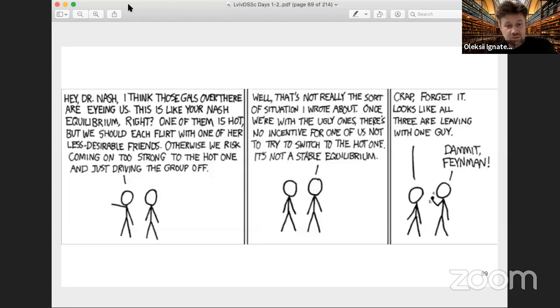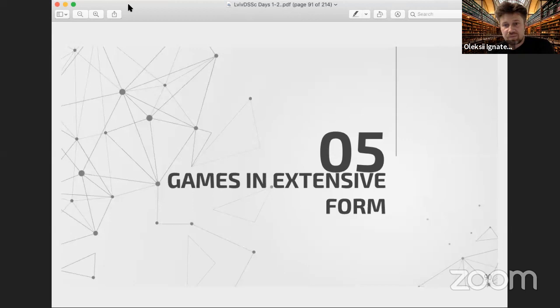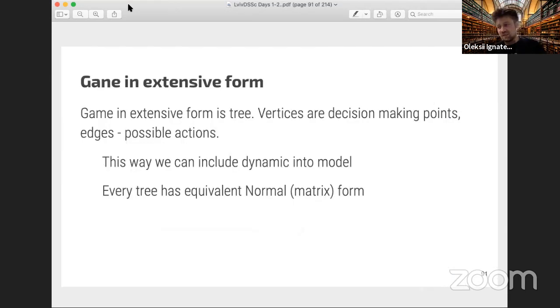Okay, so now we go to the next big chapter, and this chapter is games in extensive form. A game in extensive form is a game where we add time and moves, so sequential moves like chess.